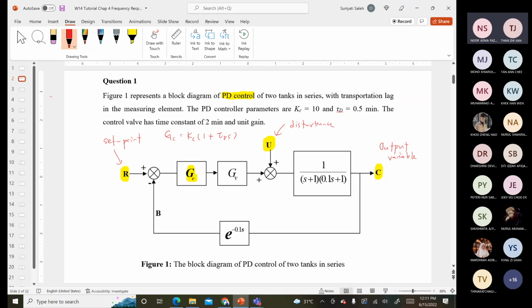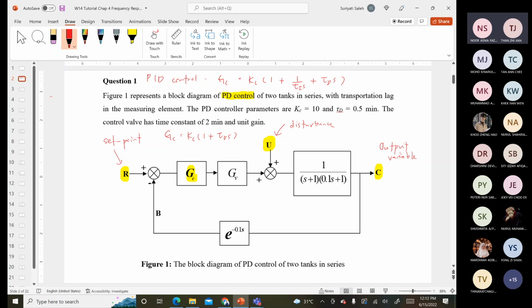So if you remember, if you have the PID control, the common transfer function for GC is Kc in bracket 1 plus 1 over tau I s plus tau d s. So this is the PID. However, the question gives you the PD control. So that means no I, no integral term.